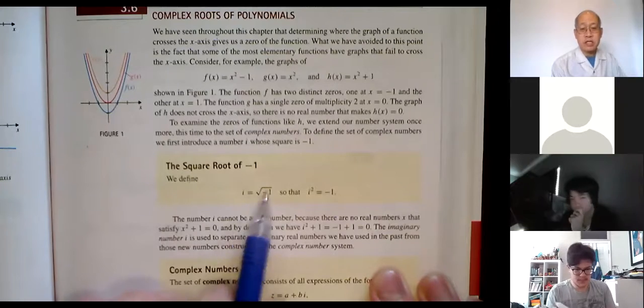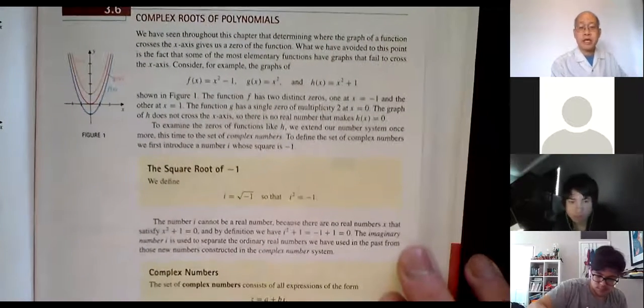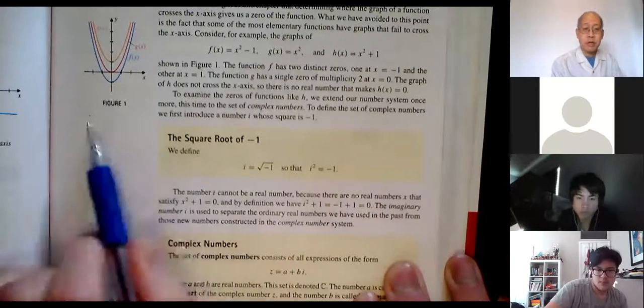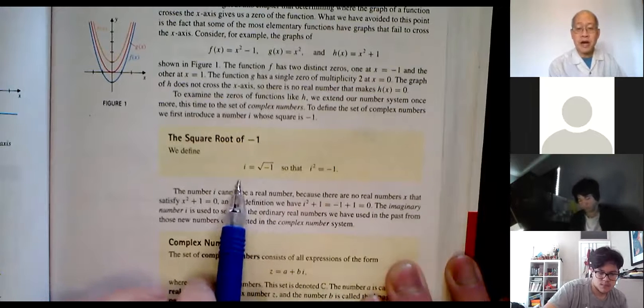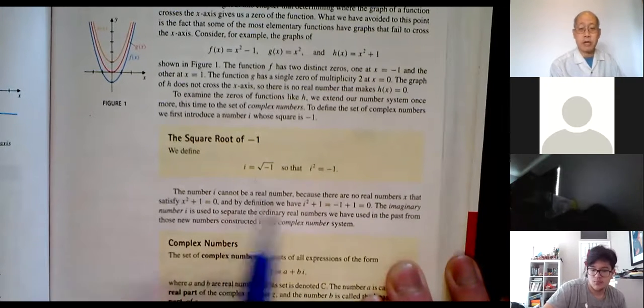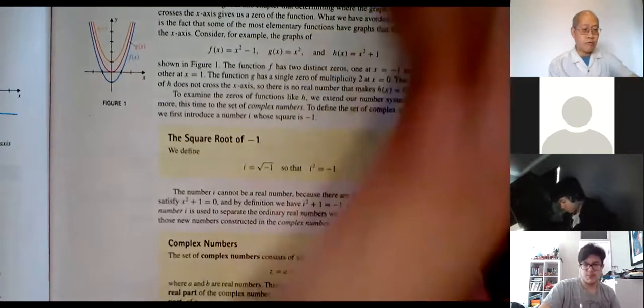Another way of saying that is if I square both sides, i squared is -1. Now you might say that's not a real number. You're right. It's not a real number. You can't plot it on a real number line, so it's a weird new kind of number. It's not considered a real number, but it's a number that has the property that i squared is equal to -1.